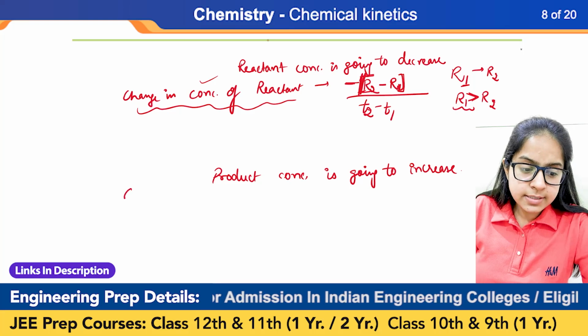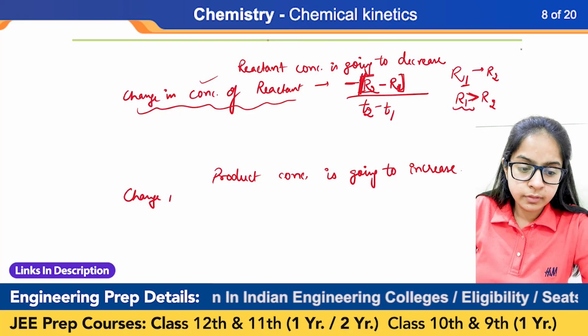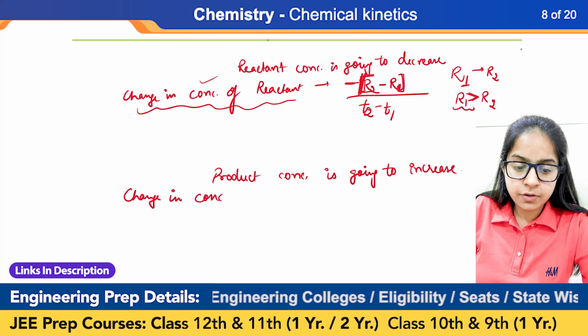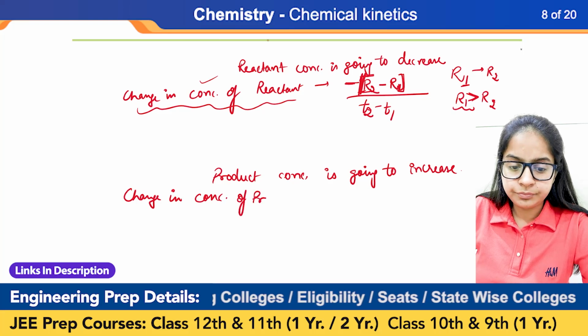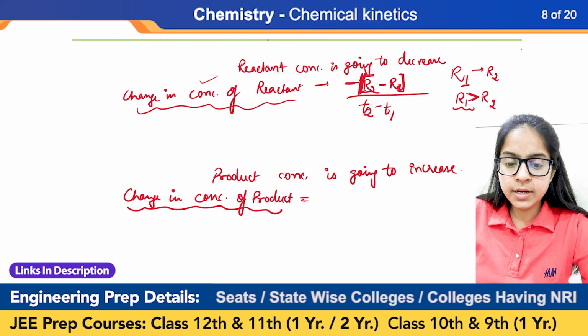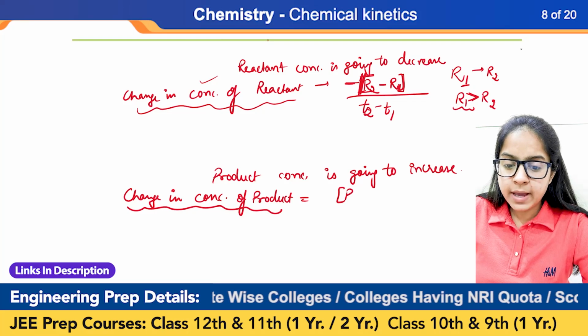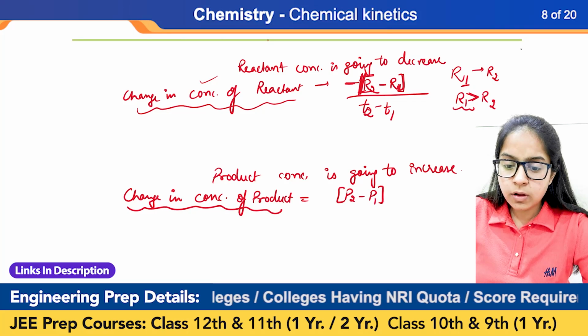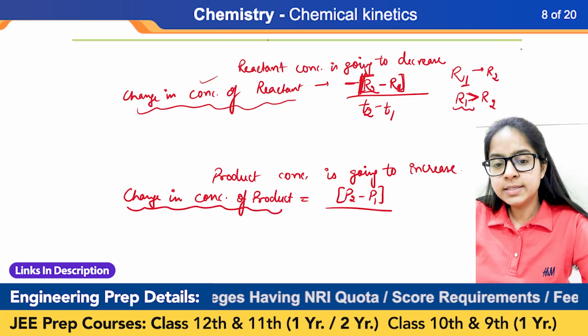Now change in concentration of product. How can we say that? Change in concentration of product is P2 minus P1. It's always final concentration minus initial concentration.